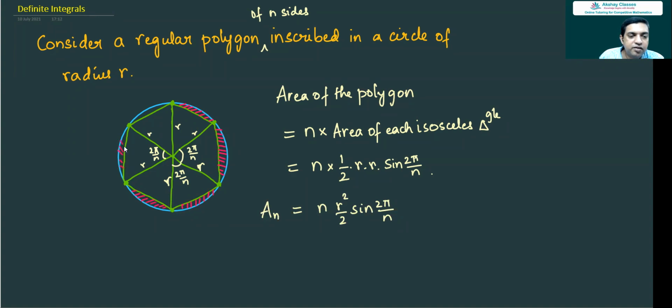This area marked in red is the area outside the polygon but within the circle. Now, as the number of sides increases, this area keeps reducing, isn't it?